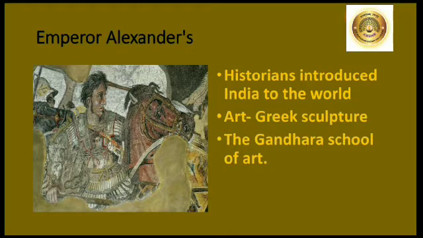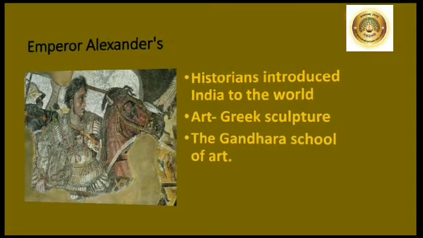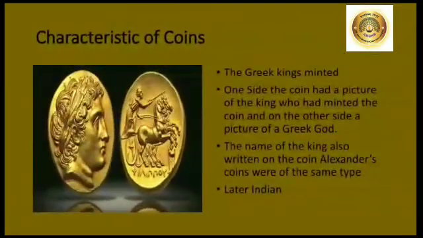Art: Greek sculpture influenced Indian art, giving rise to the Gandhara school of art. Children, Gandhara art was a combination of Roman, Indian and Greek art. Next, coins. Greek kings minted characteristic coins.